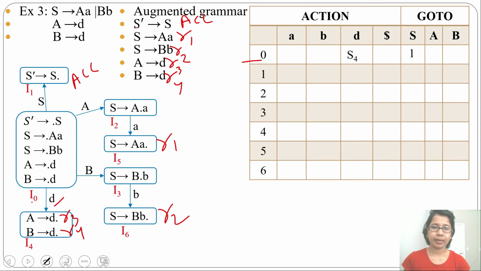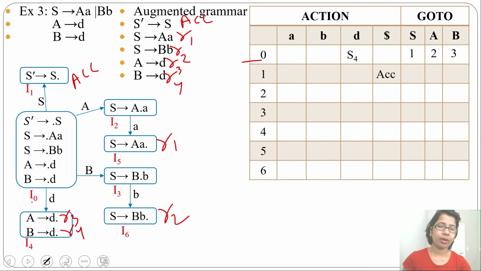Then from state I0 by A, it is going to the I2 state. So just write down 2 in the A column. Then from I0 by B, it is going to the I3 state. Just write down 3 in the B column. Next we will do the I1 state. I1 is an accepting state, so we'll simply write accept in the dollar column.